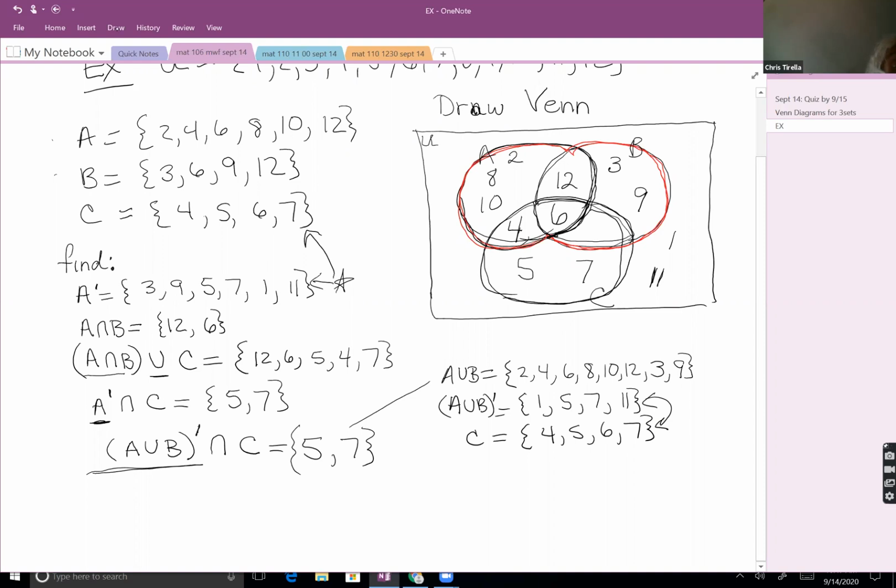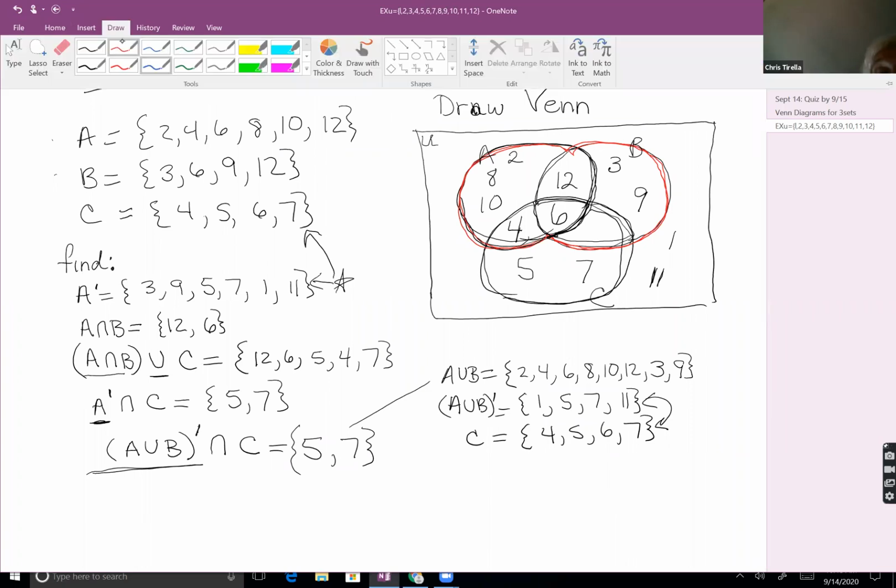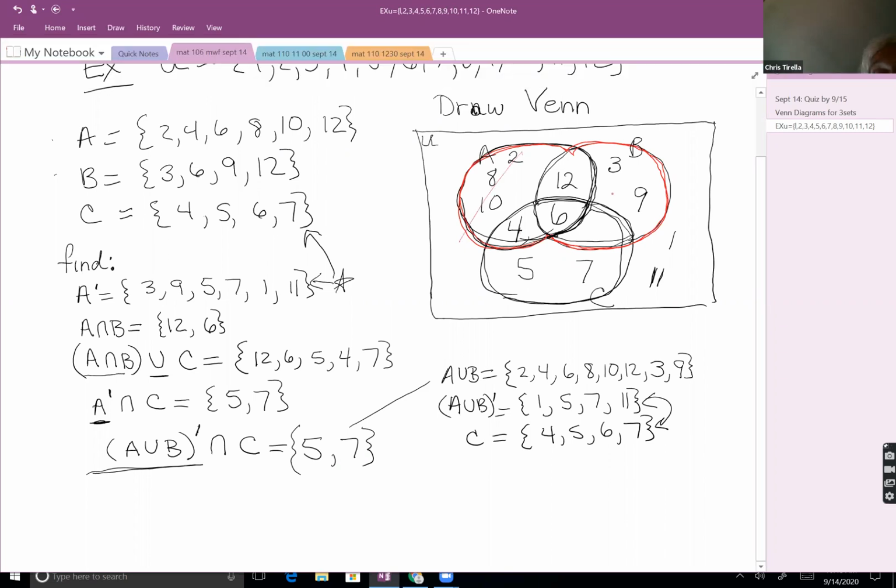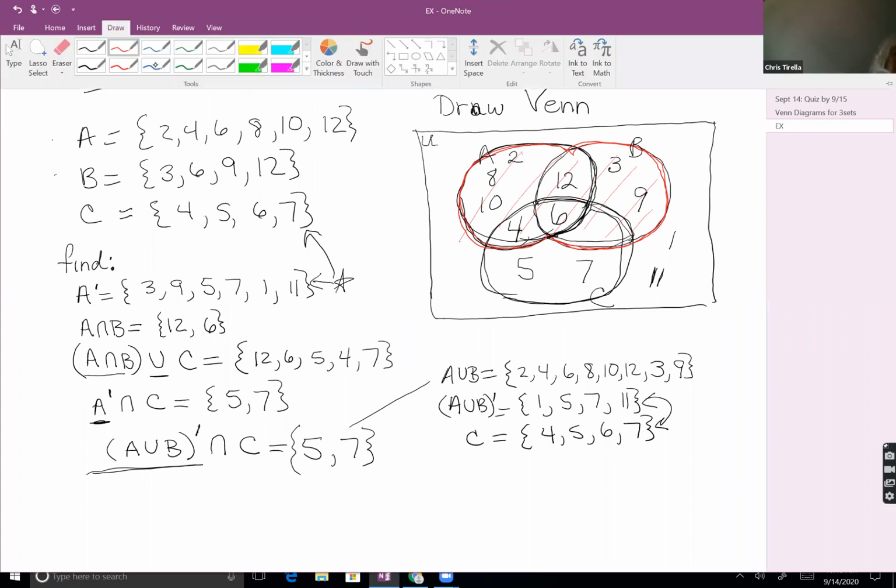Going back to my color coding, I took A union B. A union B was this red part. And then when I look for the complement, it's what's outside of the red.